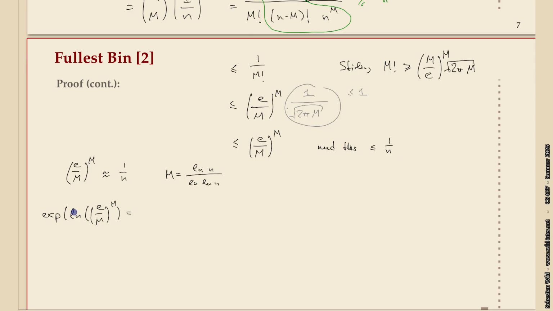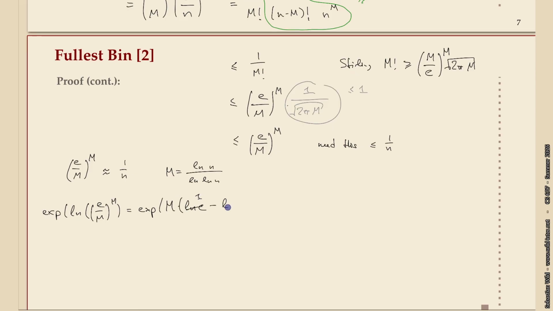Now we can pull the m out, so it's a factor m up here, and then log of e, which is 1, and then minus ln m.